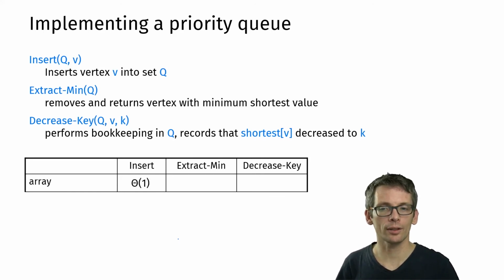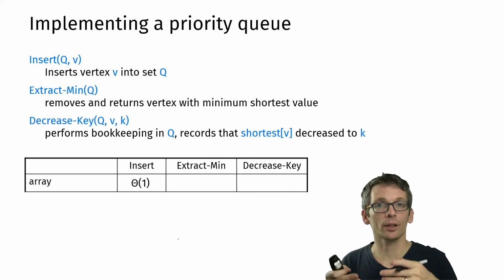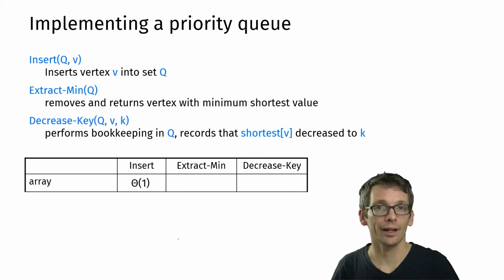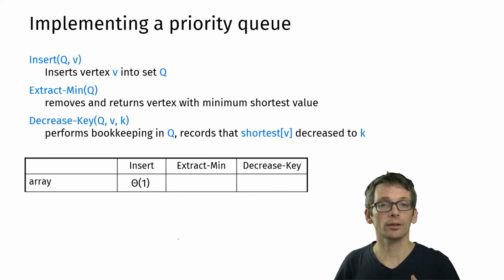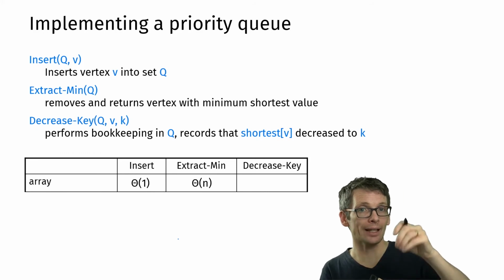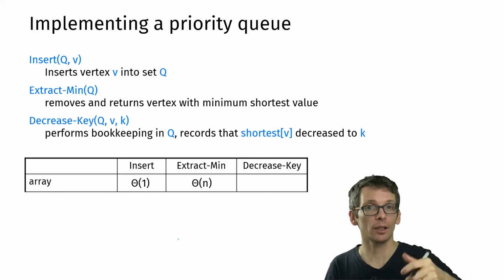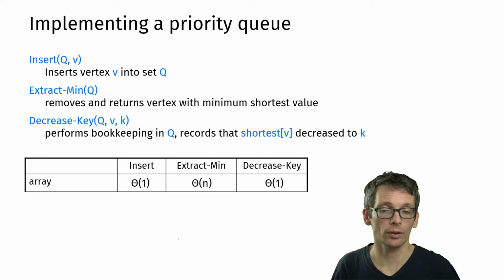I can do this in constant time, or if I take into consideration that I might need to grow the array, then this is amortized constant. Extract min, as we just said, takes linear time, and then decrease key, if I already have access to the key, I simply need to change that number. I can do that in constant time.